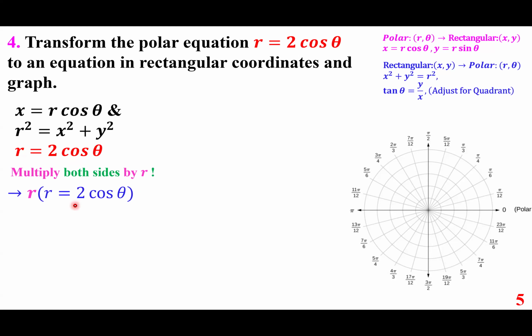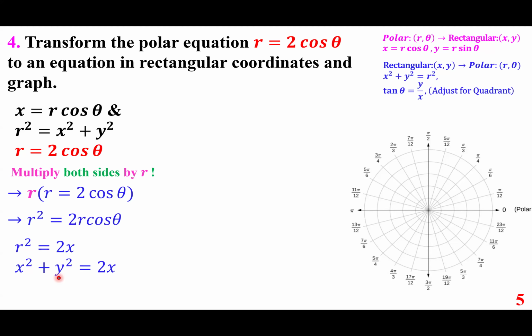R squared is 2r cosine theta. If x is r cosine theta, then this must be 2x, and this must be x squared plus y squared. In other words, replace the r squared with x squared plus y squared and r cosine theta with x.